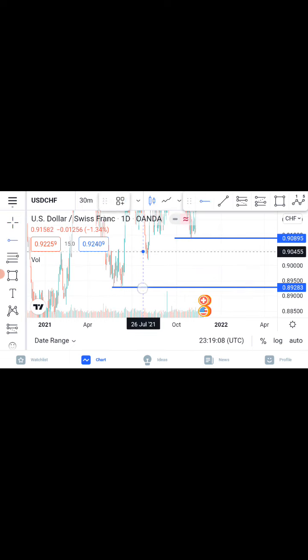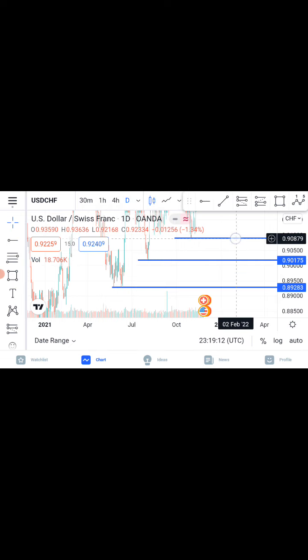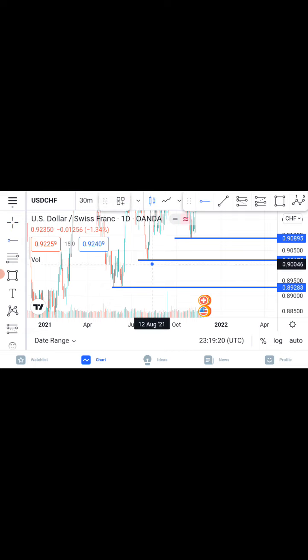Then if we have a break in this, our target will be here. Break in this, target will be here. Then we'll be looking for buyers. But now look at this. By identifying these types of levels over here, I'm able to construct trends.